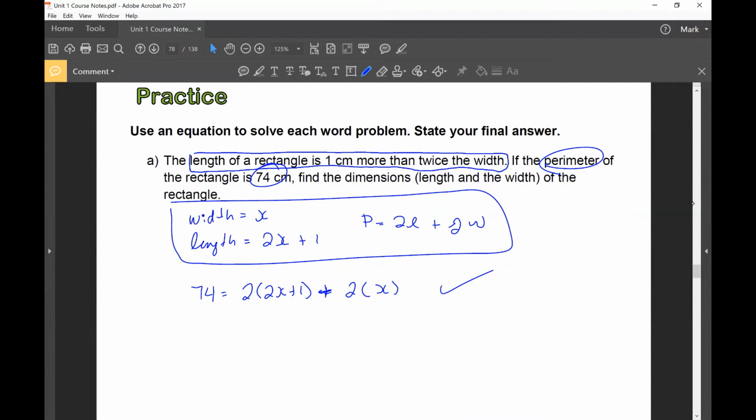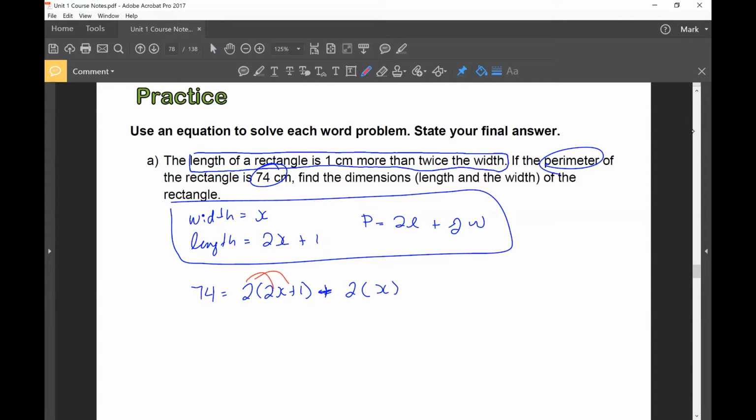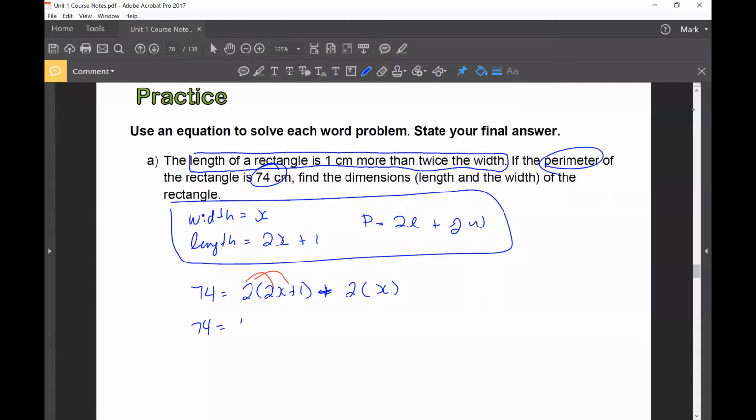I'm done. I just need to solve this using my skills that we learned the other day. So I'm going to, let's pick a different color here. I'm going to distribute this out. So 74 equals 4x plus 2 plus 2x. This is looking pretty easy.